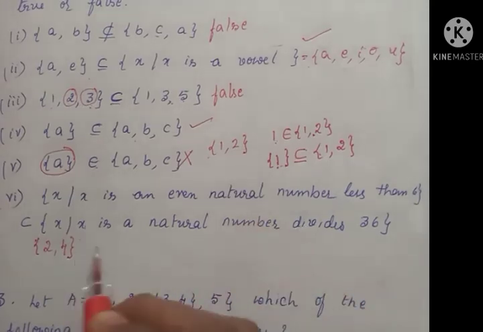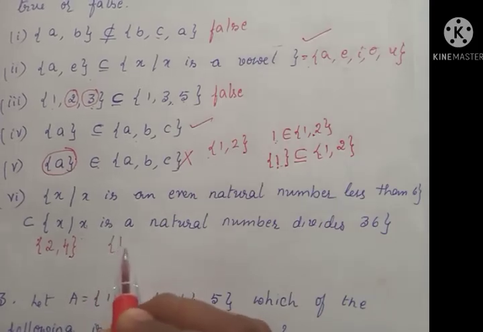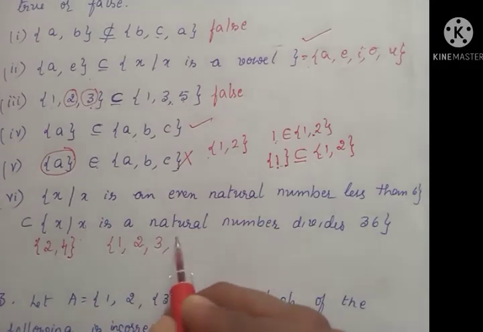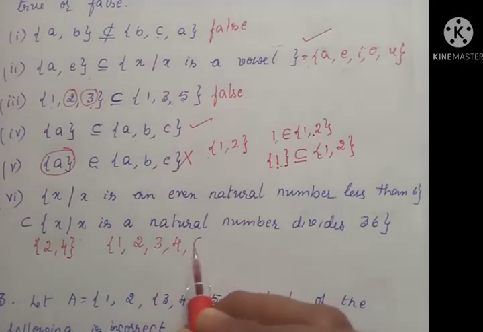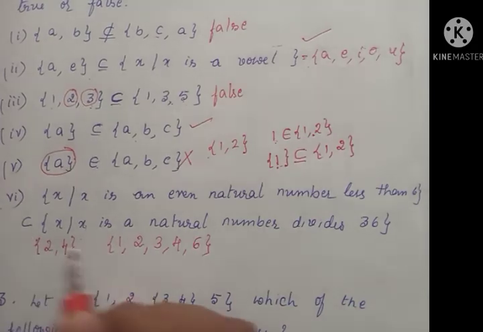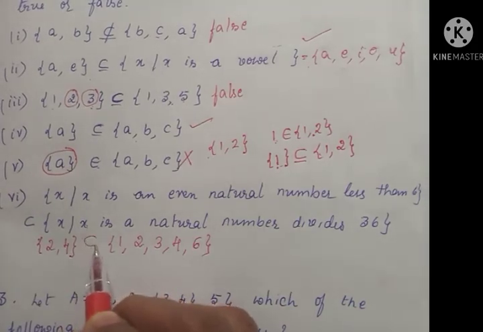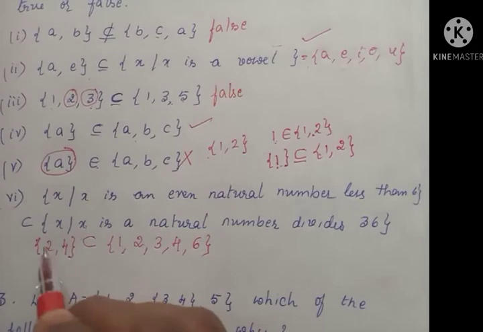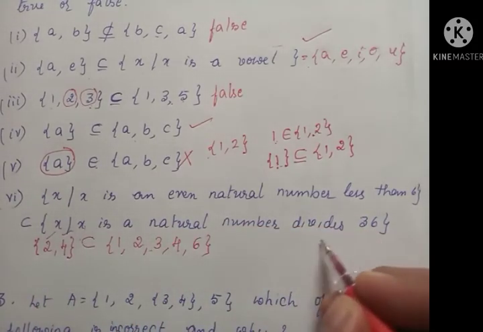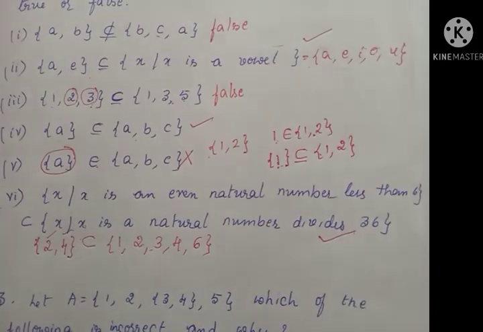What are the divisors of 36? 1, 2, 3, 4, 6. Now they mention this is a subset. Is it? Yes, both 2 and 4 belong to this bigger set. Therefore the given statement is true.